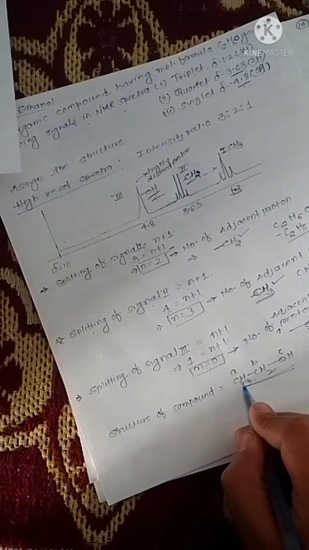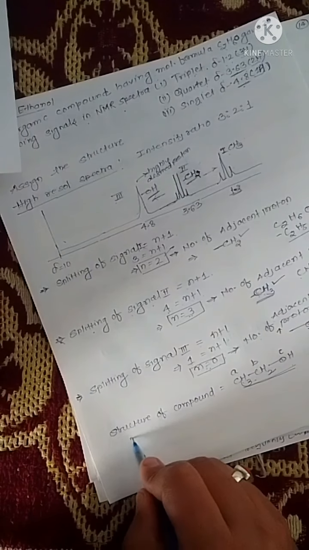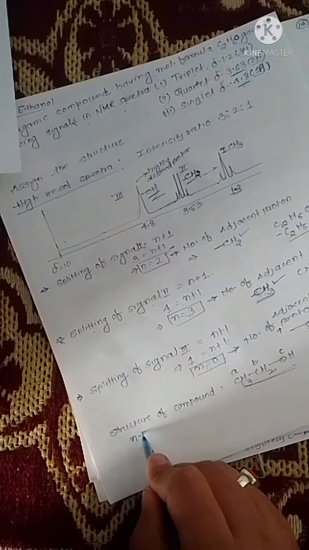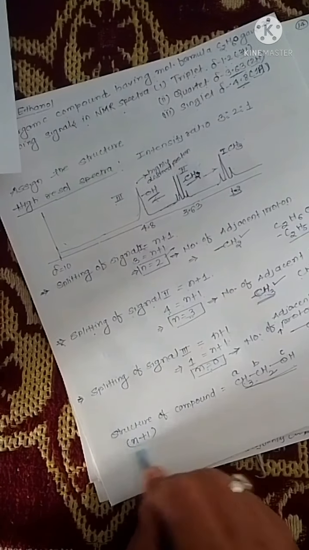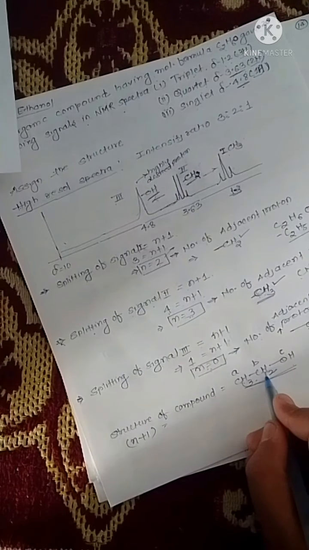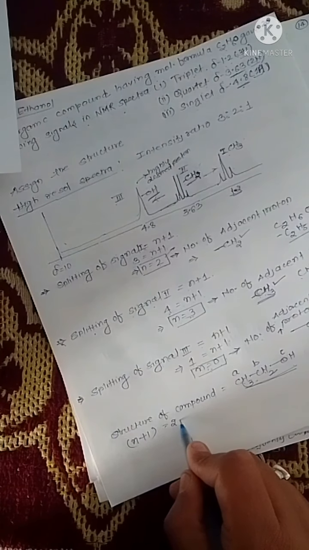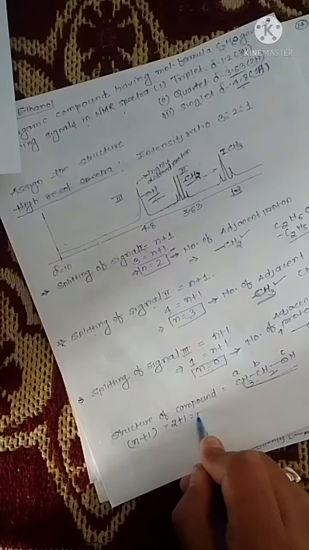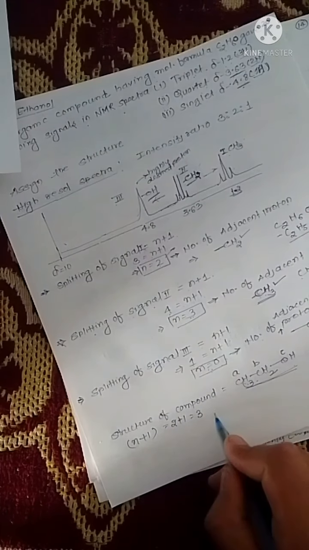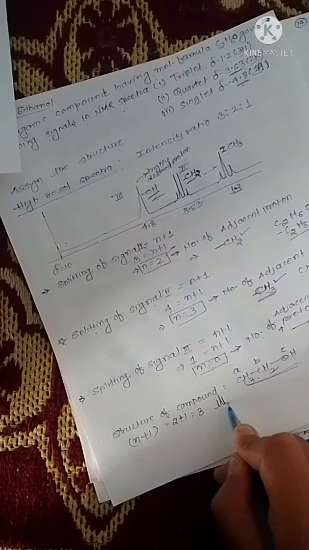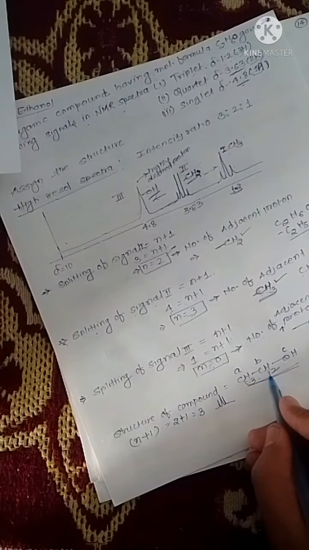So the splitting pattern for this CH3: we write n plus 1. Adjacent to this CH3 there are 2 protons, so 2 plus 1 is 3, that is, this CH3 gives a triplet signal in the spectra.